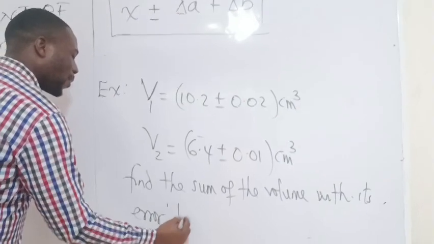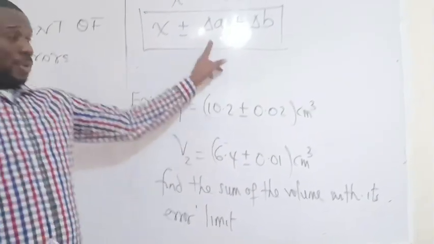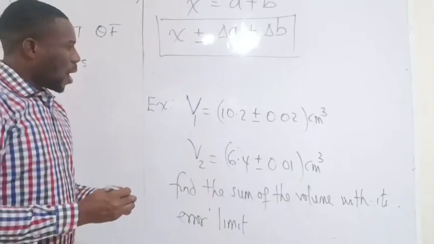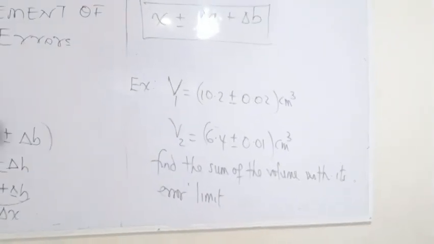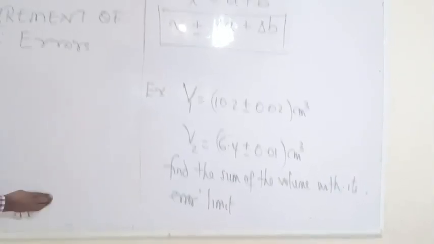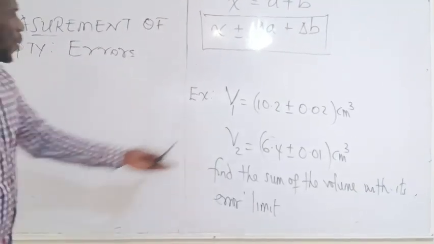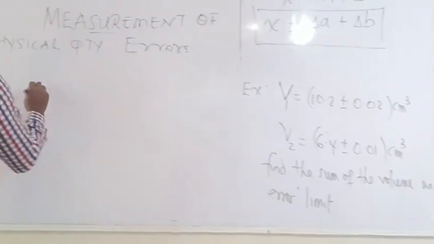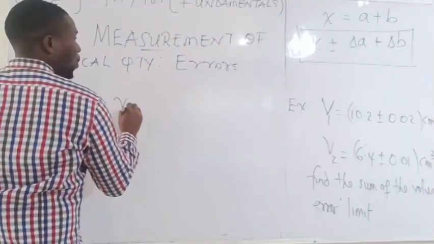It is error limit. Now I may need to come back to what absolute error is all about in a moment. So this would be from the formula written up there. The sum of the volume is simply, x in this case would be v1 plus v2.